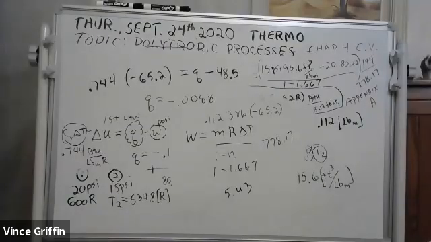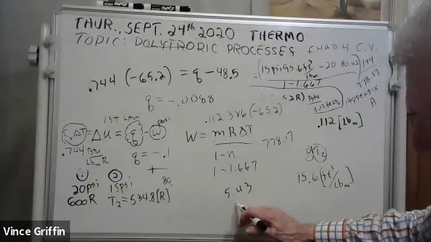What did we get when we did it? We got the work of 48.48 BTU. Yeah, but we got little w, and if you multiply little w by the mass, you get your number, Mohammed.